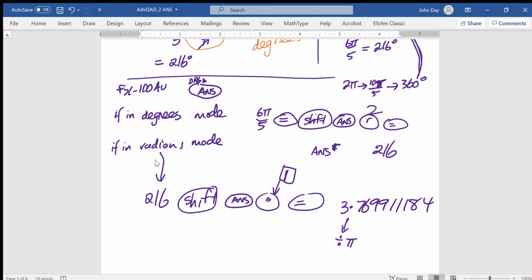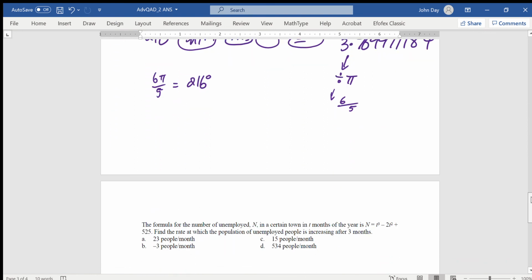So I divide by pi and it says 6/5, i.e. 6 pi on 5 is equal to 216 degrees. All right, so I've given you multiple ways to get to that answer, and you should be able to work with all of those.